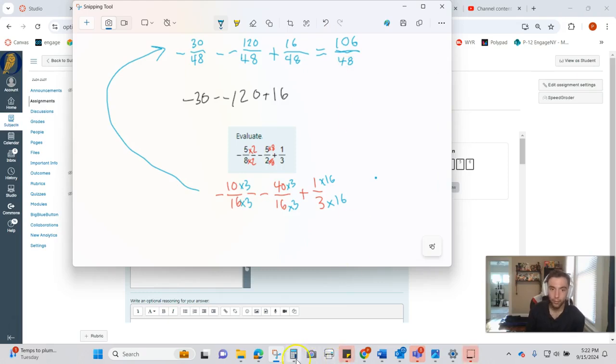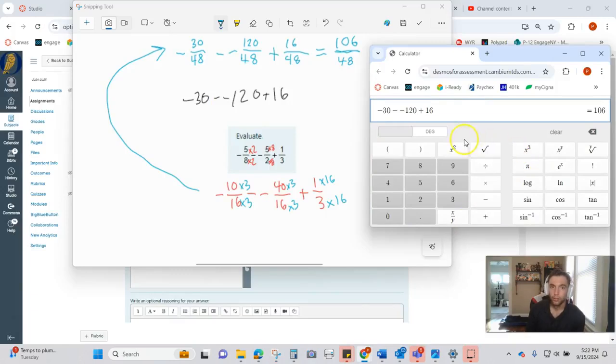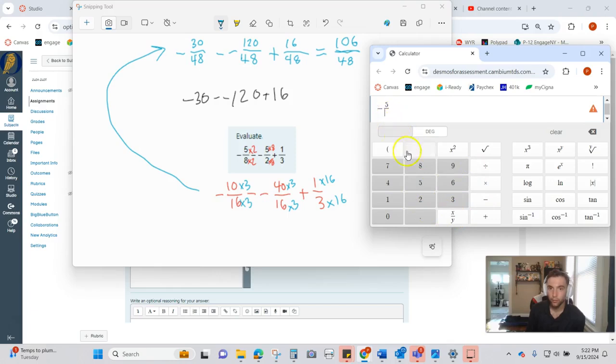If I wanted to type and get a decimal as my final answer, I could do negative 5 eighths minus negative 5 halves plus 1/3.